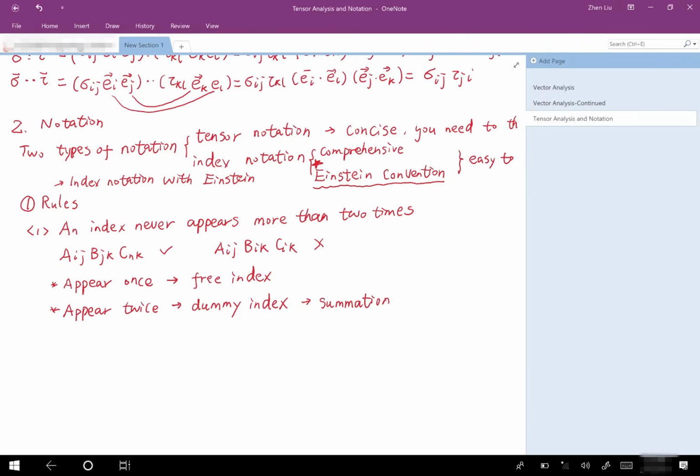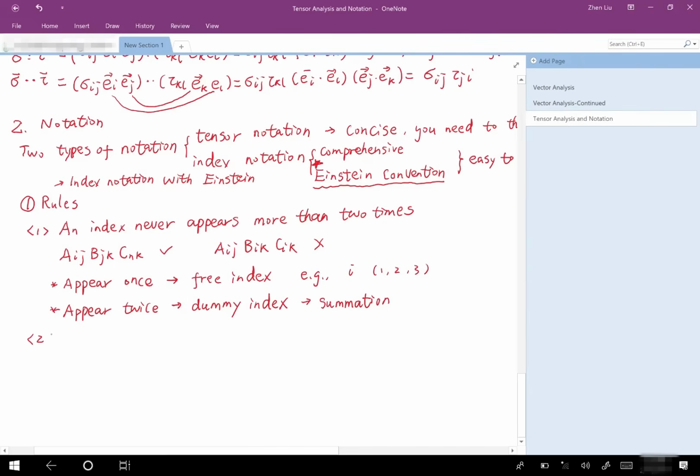That means for a free index, you need to go over all the possibilities. For example, if you have a free index of i in a 3D space, you need to go through A1, 2, 3. But if it appears twice, that means we need to do a summation. So this is the first rule.